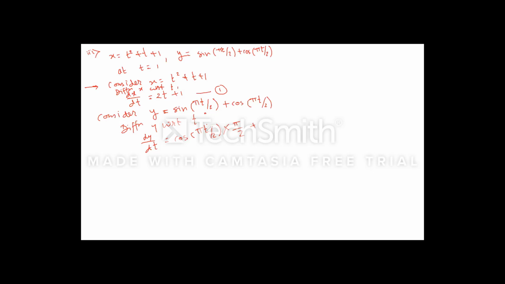Okay, because the derivative of t is 1, so pi by 2 into 1 is pi by 2, plus the derivative of cos is minus sine of pi t by 2 into the derivative of pi t by 2, which is pi by 2. So we will write it directly as pi by 2 into cos pi t by 2 minus pi by 2 into sine of pi t by 2. Okay, so this is the value of dy by dt.